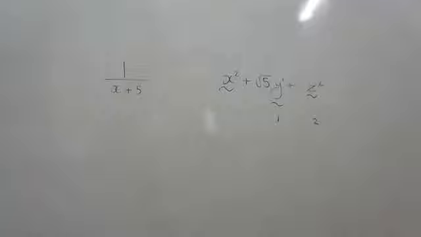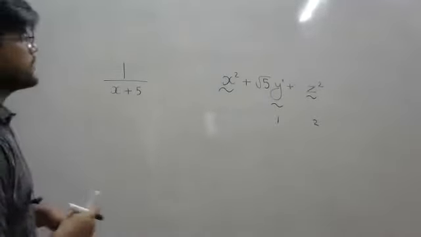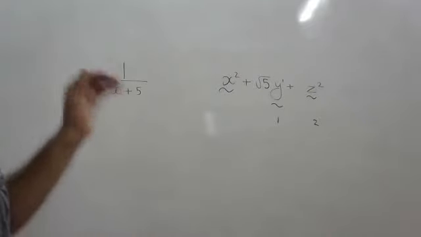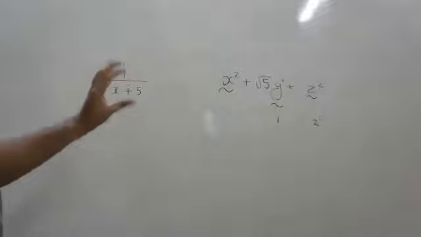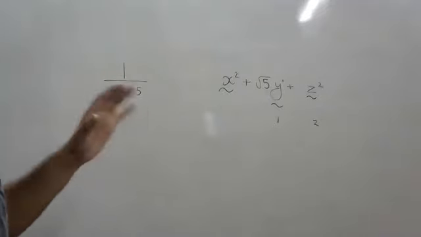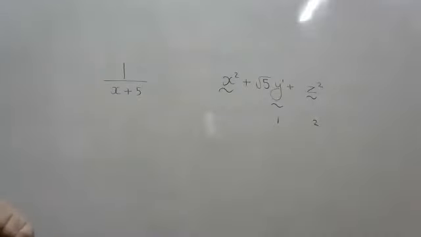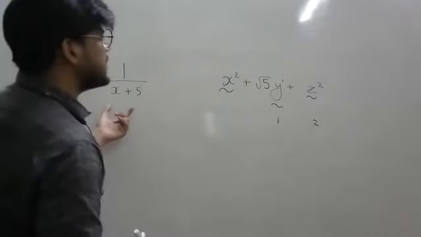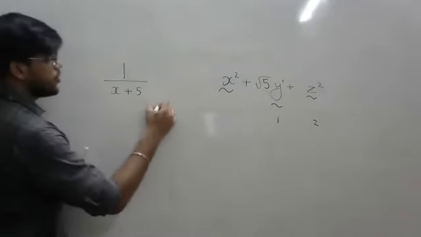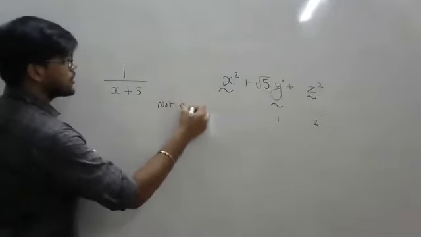Yes, it is not a polynomial because we are having a variable in the denominator. If you have a variable in the denominator, that means the power of this variable will be negative. What does negative power mean? When your variable is in division, it is in the denominator. So not a polynomial.